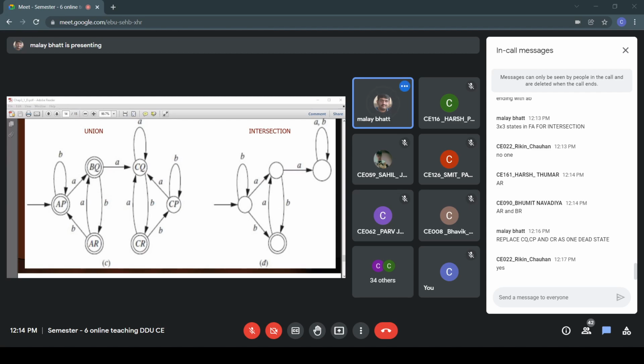BAB is accepted. It is ending with AB and does not contain AA. Only AB is also accepted. Only B is accepted.